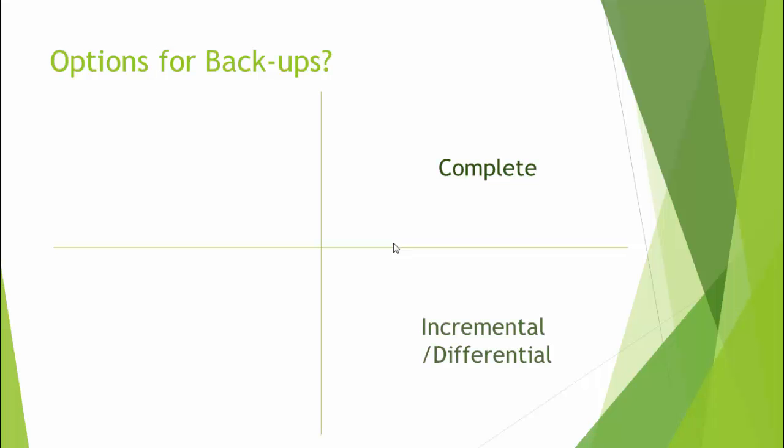We can weigh that against the idea of incremental and differential backups that supplement a complete backup. So as soon as we have one backup of our data, those systems will add to that backup at given times. We can evaluate a manual backup versus an automated backup, and I think you can infer what I'm going to advocate.